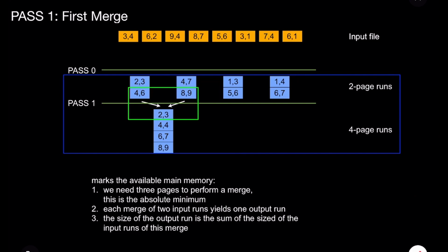So if I claimed 2 pages is a minimum in the first pass 0 phase, I will find out, no, 3 pages for merging is really the absolute bare minimum. You need to do that. So I could have used those 3 pages, of course, here in that phase already. Yeah? So I do that, I read those inputs, I create a sorted output stream, which is then, of course, size 4.